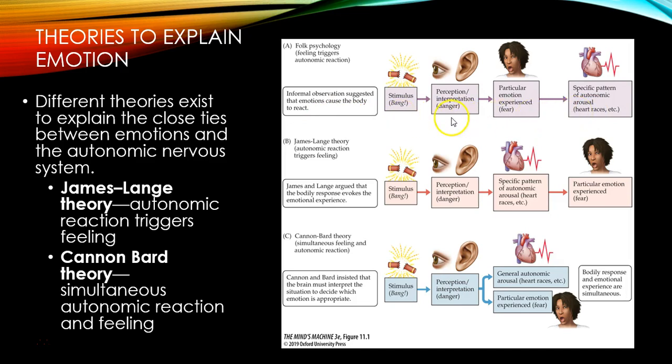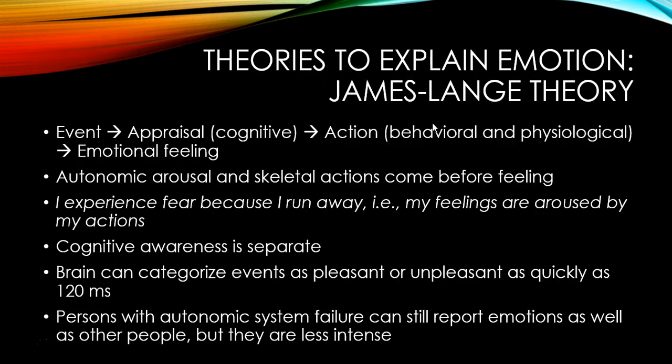But we actually find that it doesn't occur that way, even though maybe this is the way that makes sense in our minds. Research has shown, and this is our first theory, the James-Lange theory, that what actually happens is an event happens, you have some kind of cognitive appraisal, and then your action, if this was this explosion that we just saw, you run away, and you get the physiological response, and due to that, you then start to feel the emotion of being scared.